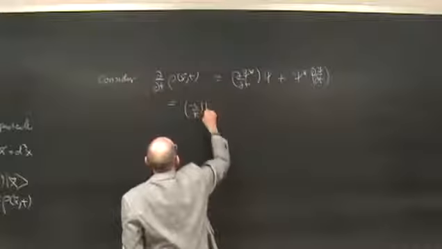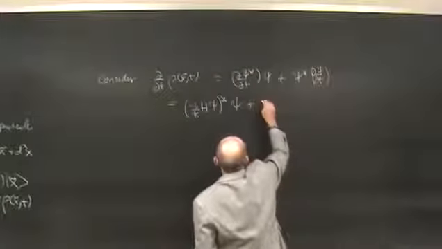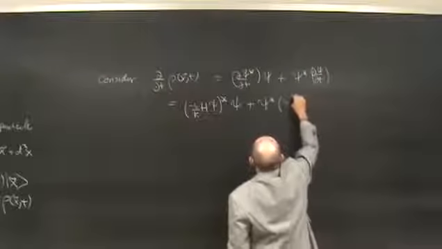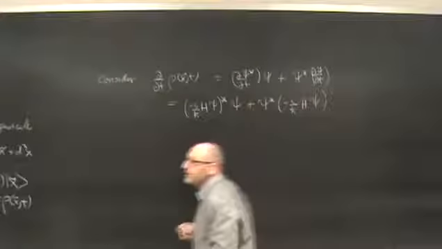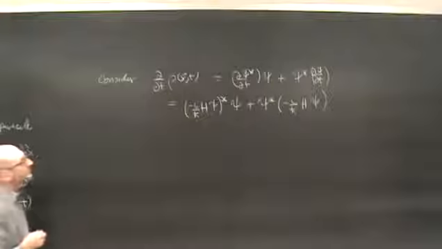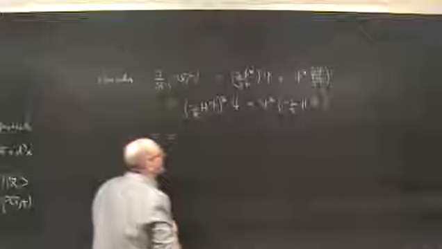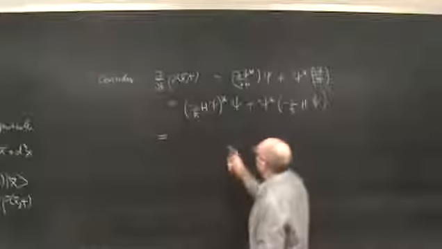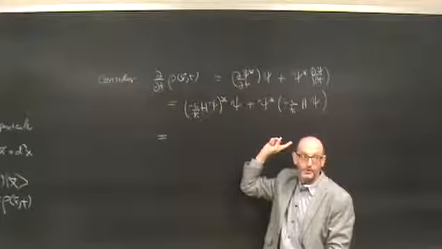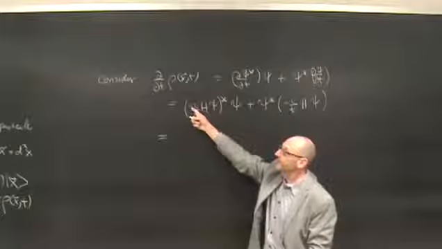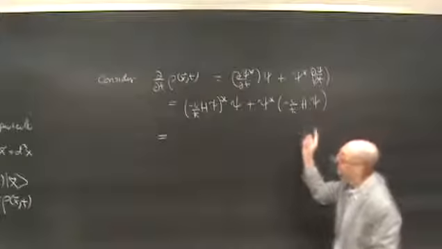Over h bar, H psi star, plus psi star, minus i over h bar, the Hamiltonian on psi, all in the position representation. Now, this will be equal to what? Well, the term that has to do with the potential will cancel, right? Because the star of this gives me a plus i, and here I got a minus i, and the potential term will cancel out.